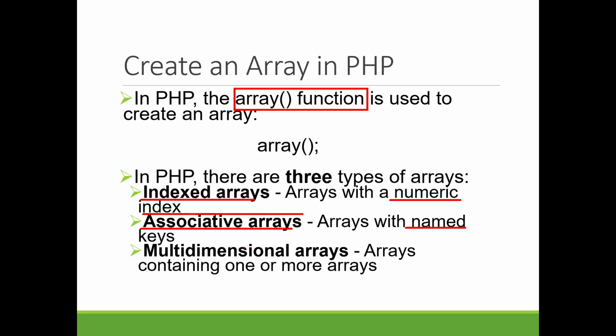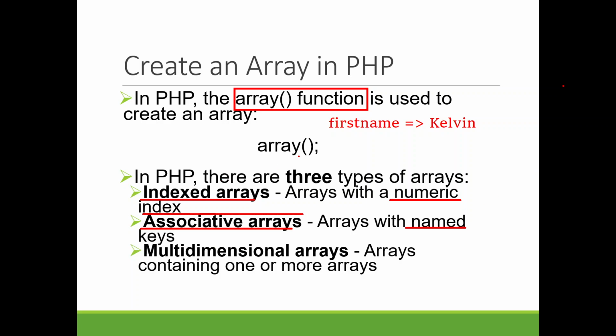That is an associative array because it has the name of the column and the value that it has stored. You remember it was something like first name. So that was an associative array.